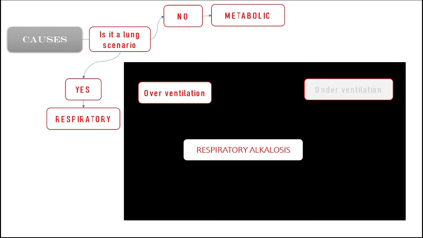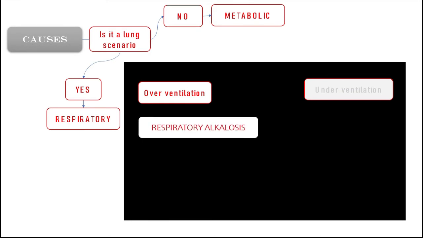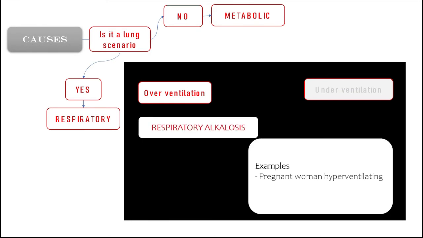So as the PCO2 drops, the acid level also drops. This results in alkalosis, and since this is of respiratory origin, this results in a respiratory alkalosis. Two scenarios where this is commonly seen are in pregnant women who hyperventilate due to the enlarged uterus pushing upon the diaphragm, and in ventilated patients whose ventilator settings are set too high.